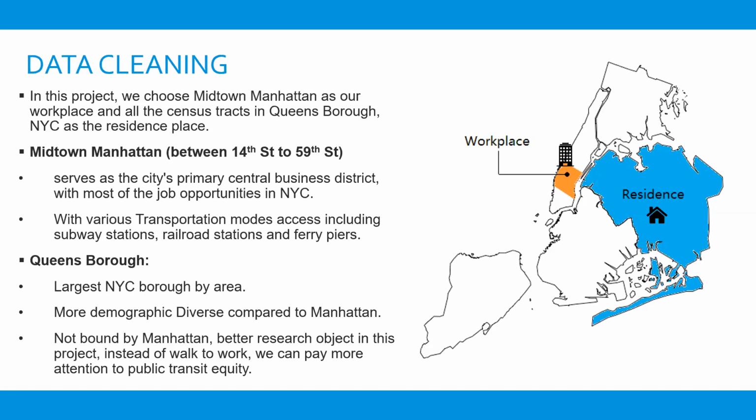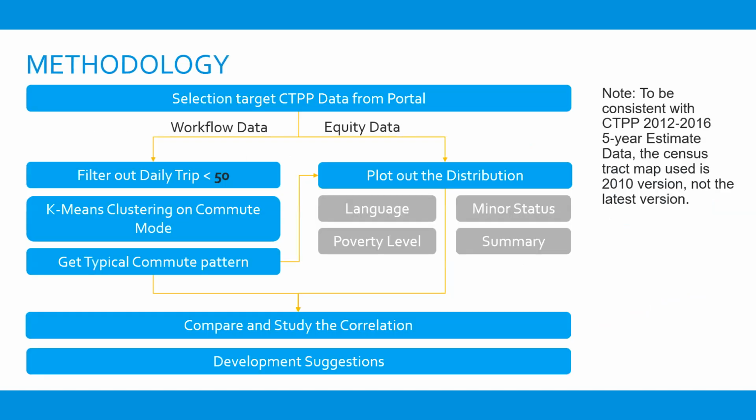The reason why I chose Queens is because it's the largest New York City borough by area, and compared to Manhattan, it has more diversity. Also, because our workplace is in Manhattan, and there's the East River between Queens and Manhattan, we filter out all of the work trips that directly walk to the workplace.